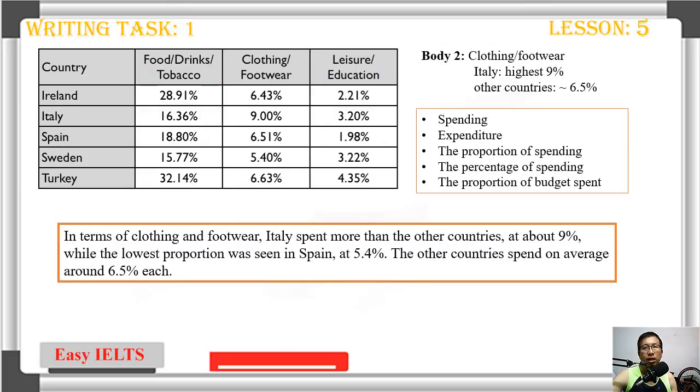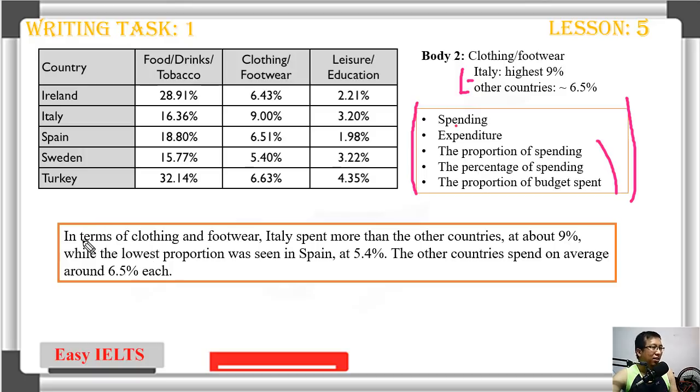Okay, now we continue to write our body 2. It is just a reminder: instead of using the word spending, we use expenditure. We only have 2 numbers here. No, actually it's 3 numbers, I'm sorry, I'm missing 1.